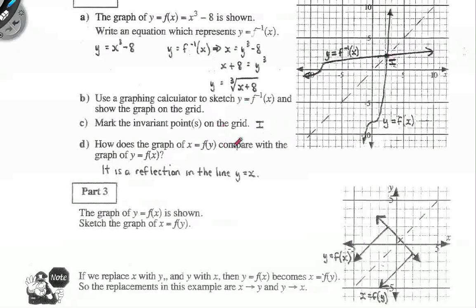How do the two graphs compare? Well, it's a reflection in the line y equals x. And again, if you look at this and examine this, we can see that if this is the original graph from here to here, by the looks of it, and what's happening here, I'm trying to see the original graph, it's kind of strange.